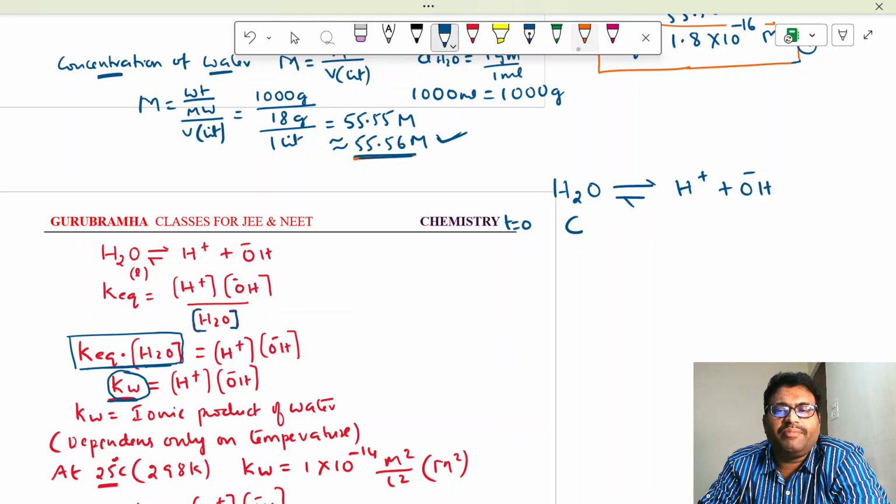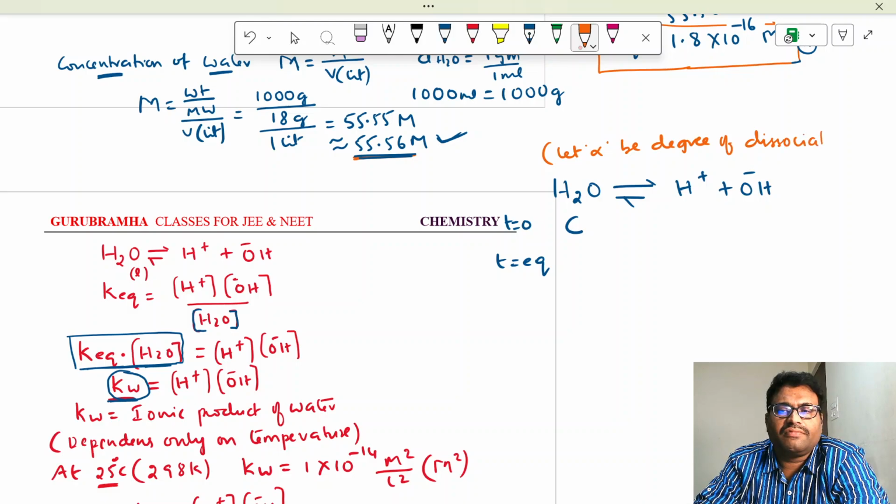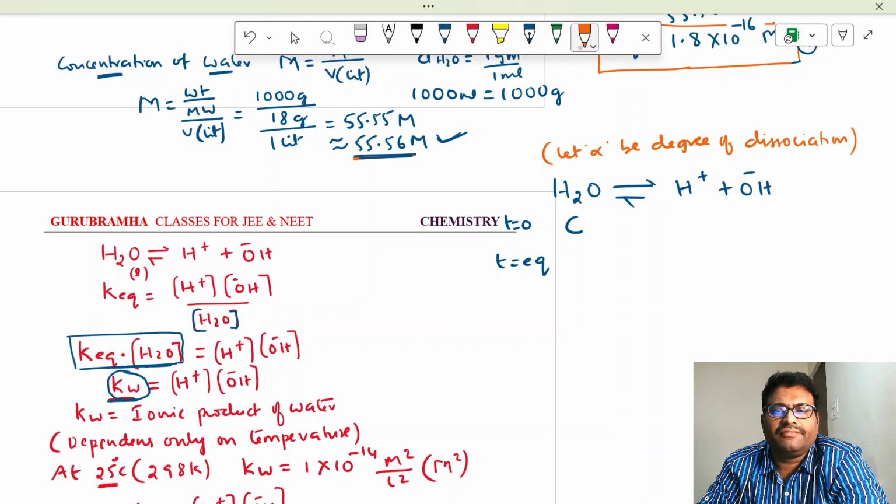So let alpha be the degree of dissociation of water. At time t equal to equilibrium, how much is dissociated?